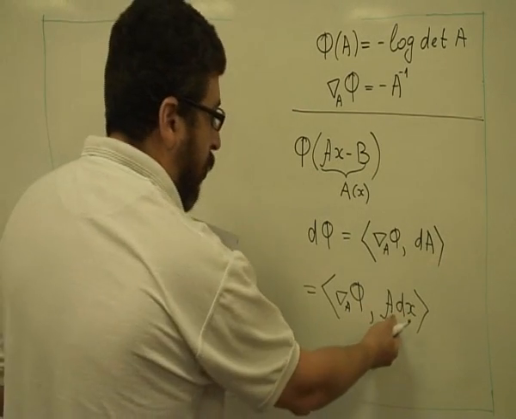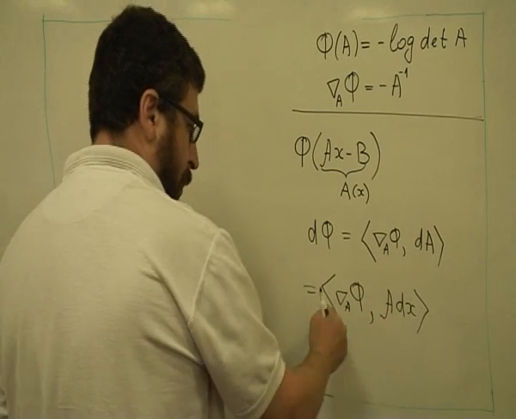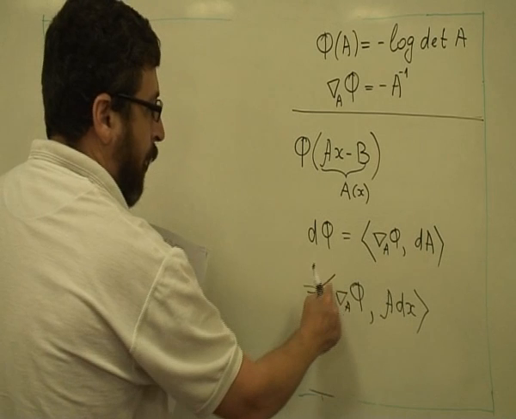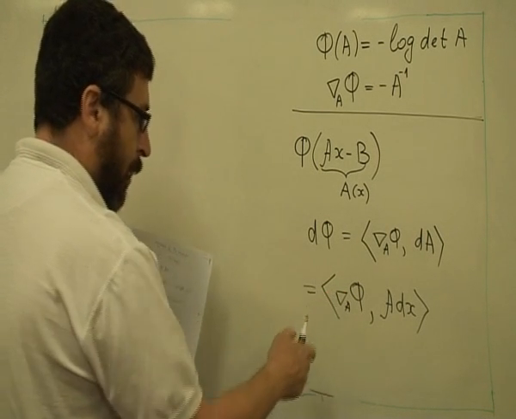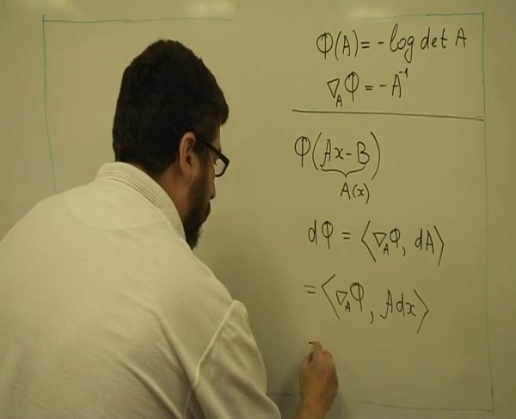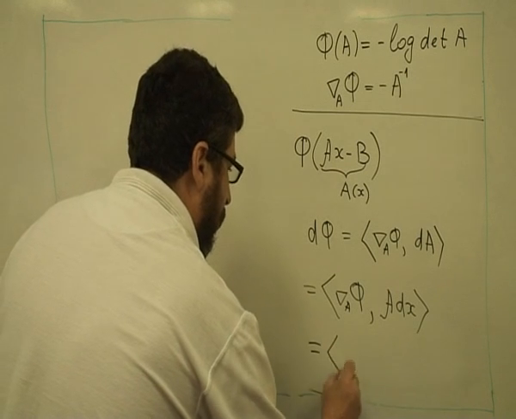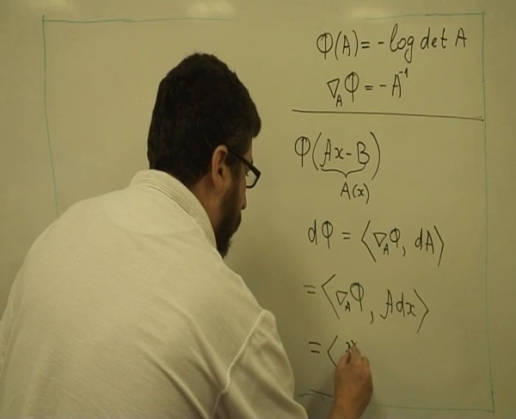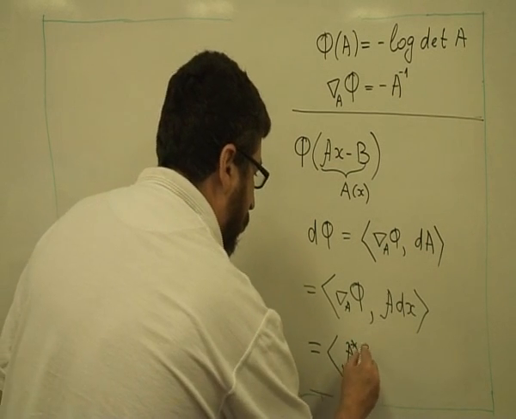And we of course want to separate x in the scalar product, and we can move A to the left side of the product using its conjugate, its adjoint.